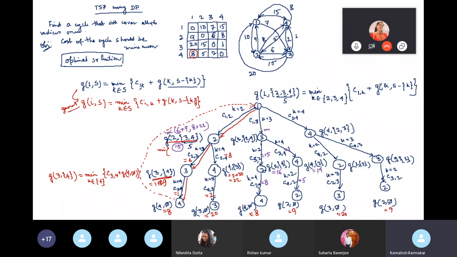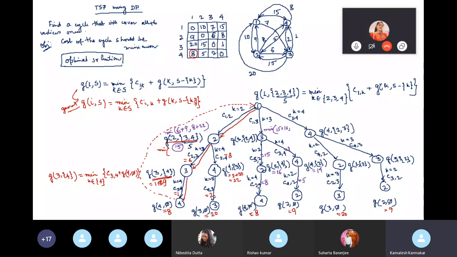So which one is minimum here? This value is minimum, so the value of this function is basically 14 plus 1, which is 15. Okay. So this value is 15.